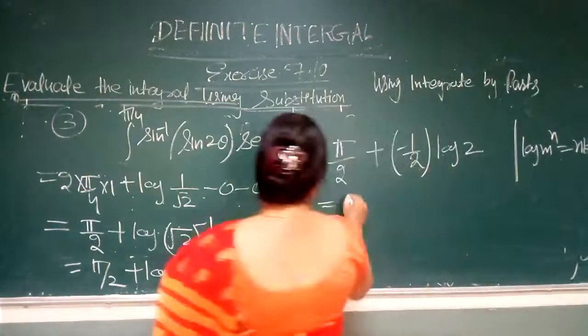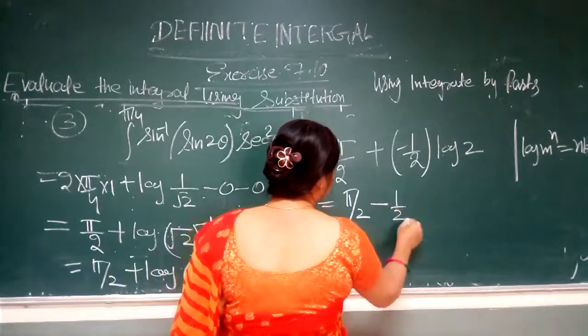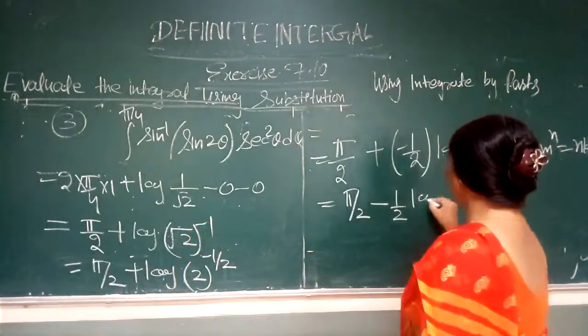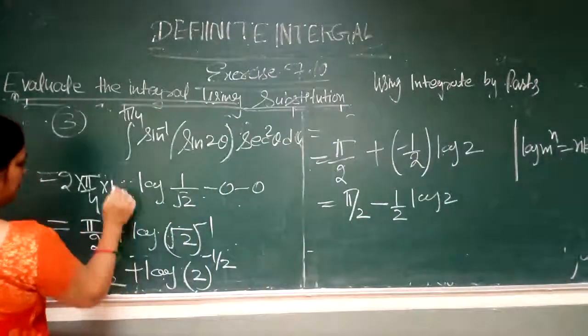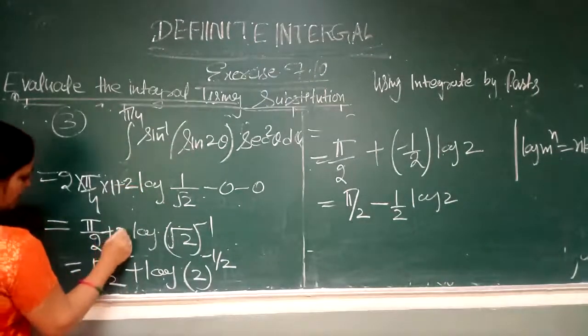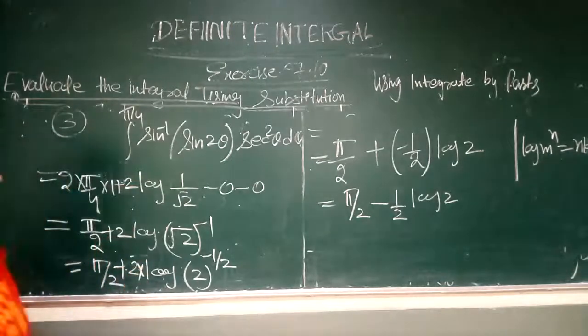After that it will come pi by 2 minus 1 by 2 into log 2, and 2 is also here. After opening the bracket with 2, so 2 will come here because 2 was outside, plus 2 into this term.